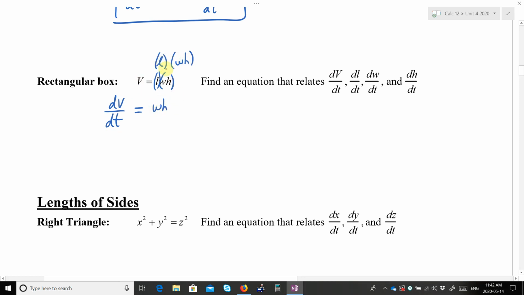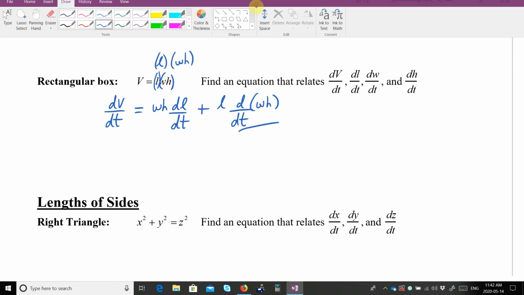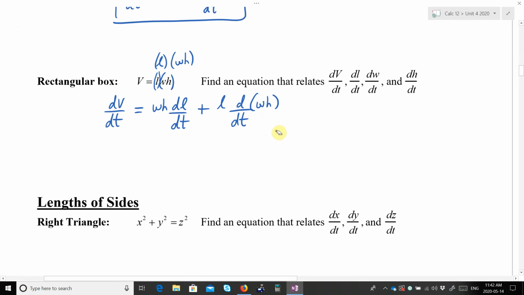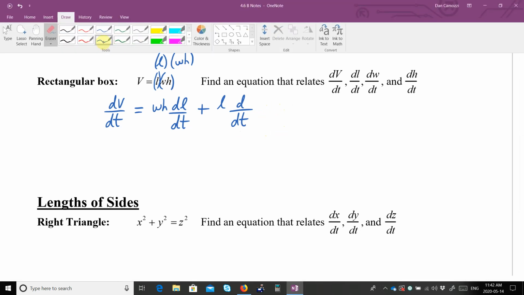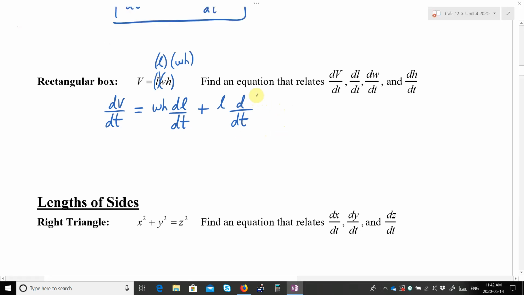So WH, the derivative of L is dL/dt, plus, then we keep the L normal, and we do the derivative with respect to time on the WH, but notice that that itself is a product. So we have to do the product rule on this piece. So it's L times the derivative with respect to time of W times H.